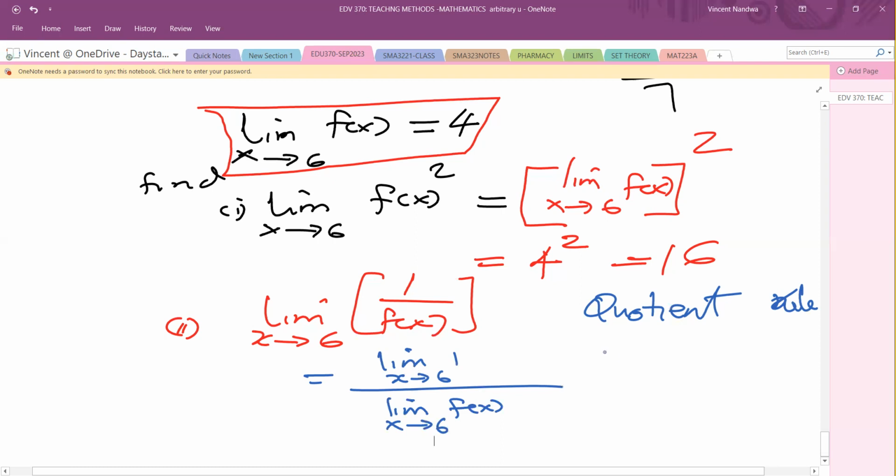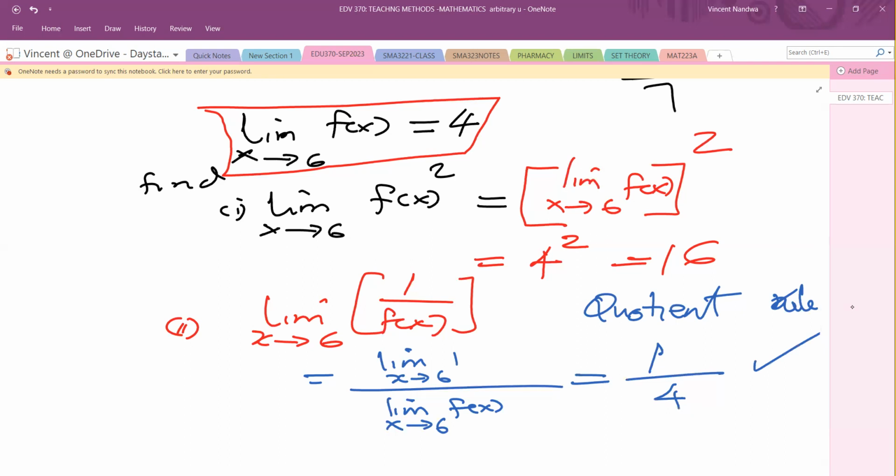Right? And the limit of 1 as x approaches 6. The top gives us what? One, because it's a constant, okay? Yeah. And the bottom, you already have it from the question itself, right? So the answer is just a quarter.